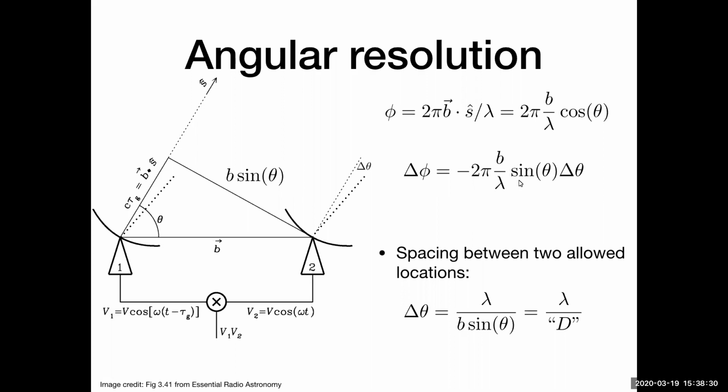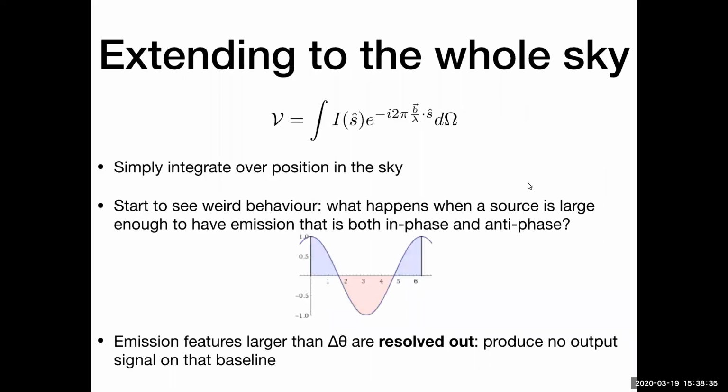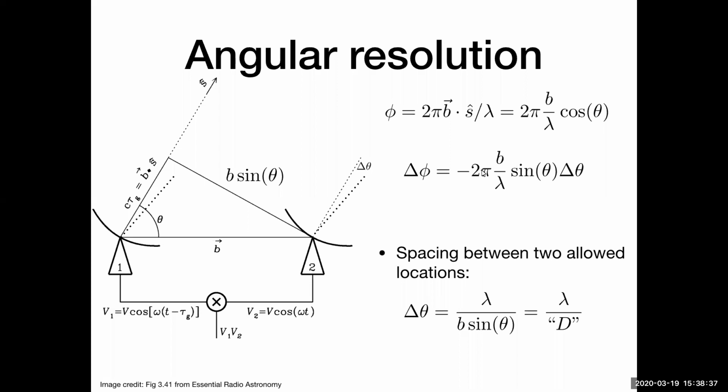And so what it turns out is your sensitivity to different directions goes as the baseline length times sine theta. So you're most sensitive to directions that are perpendicular to your baseline, essentially. To maximize your directional sensitivity, you want your baseline perpendicular to the direction that the light's coming in from.